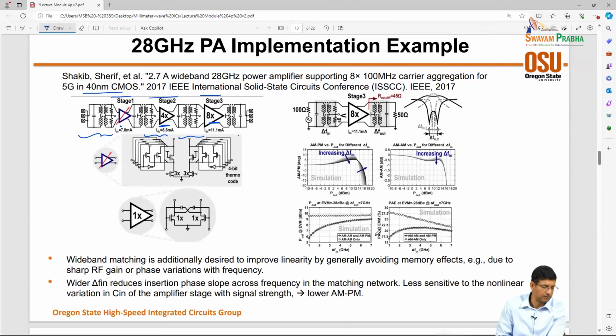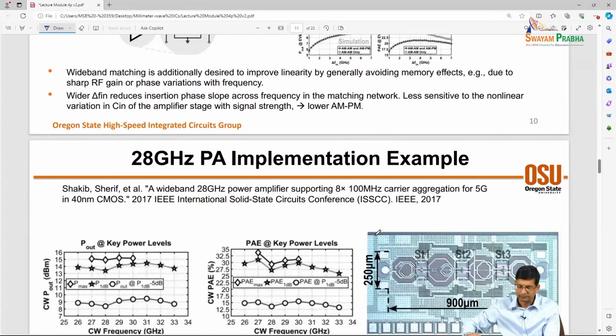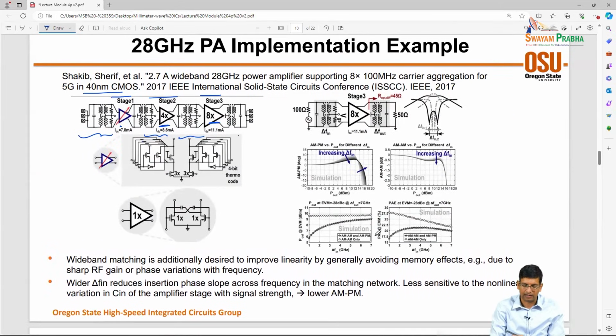So in terms of a design approach, the general idea that they do is they take a unit cell, and they are neutralizing it as we have seen in order to increase Fmax, and improve the isolation and stability, right.